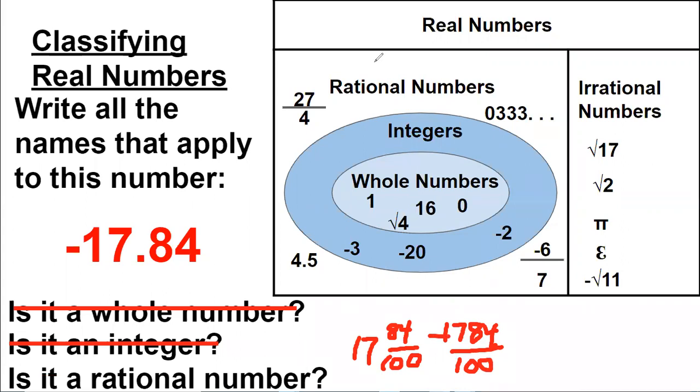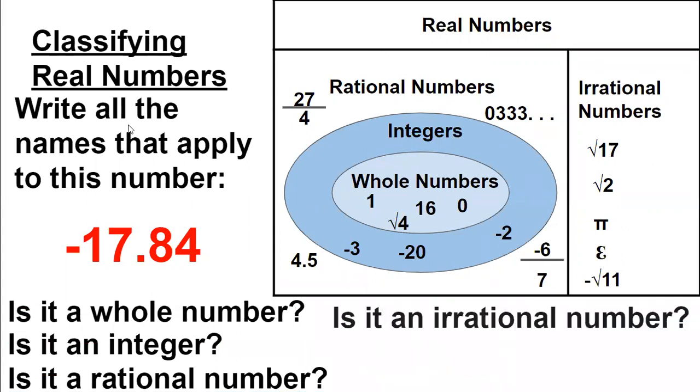Let's ask the next one. First, I want to cross off the few that we lost here. It's not a whole number. It's not an integer. It was rational. Is it an irrational number? Is negative 17.84 an irrational number? No, because we said it could be written as a fraction. So that would be a no. And what about, is it a real number?